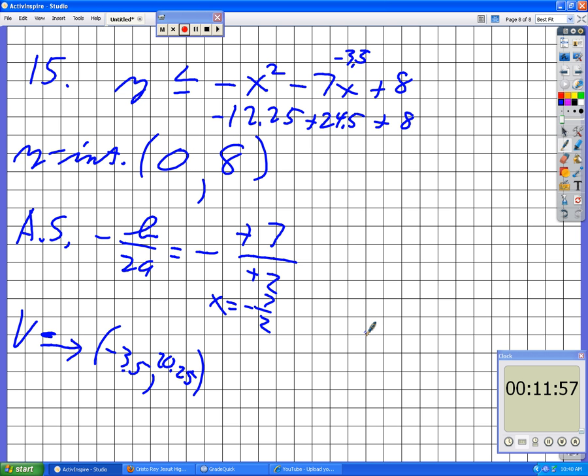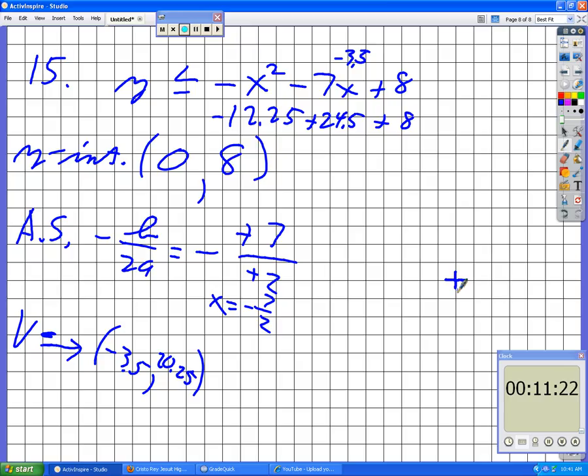Okay? Now, what kind of numbers do we got? Positive 20. So we're going to count by twos. And we're still going to start down here. And where are we going? Negative 3.5. I don't know. Let's try over here. We'll start there. So negative 3.5 is our axis of symmetry.